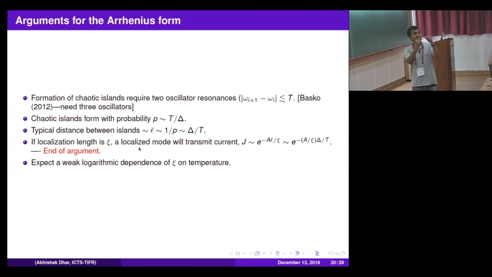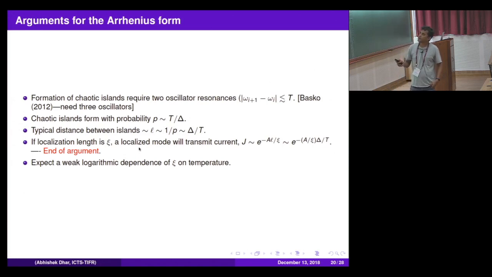If you have any two oscillators whose frequency difference is less than temperature, that is what is called a resonance, and then you can generate chaos in the system. There's a paper in 2012 by Basko where he argues that you actually need 3 oscillators, but we find that 2 oscillators are sufficient.